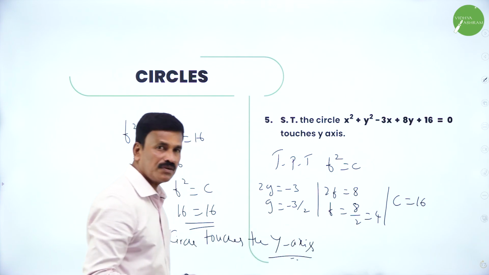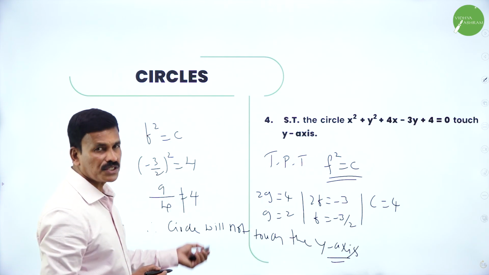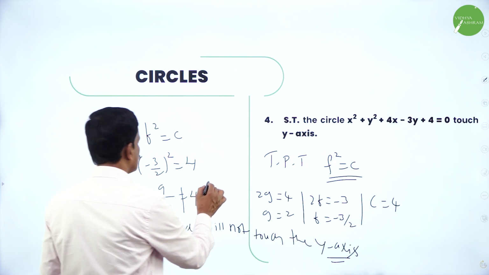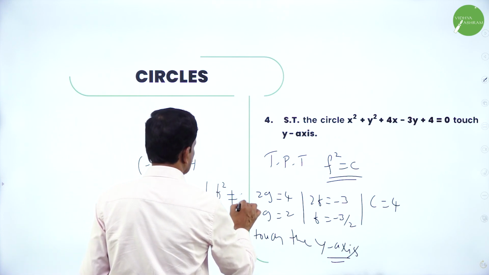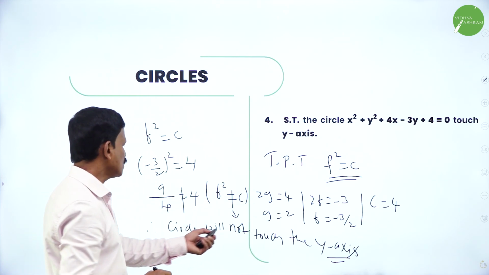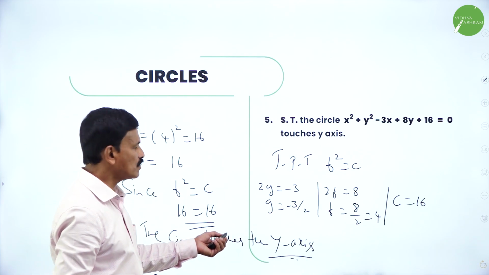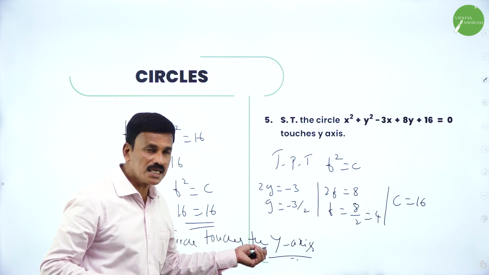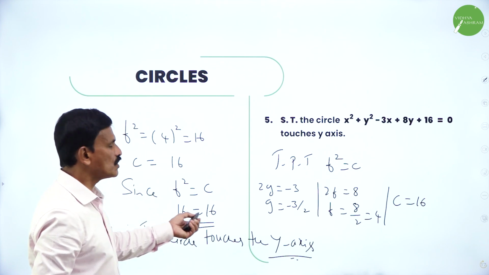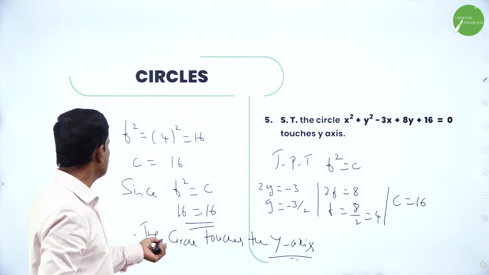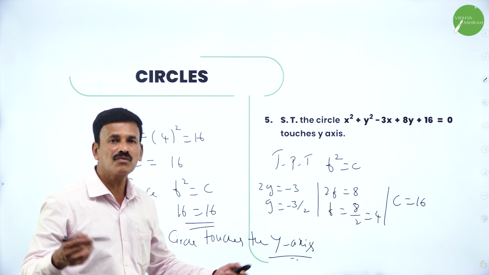That's it. So in the previous case f square is not equal to c, therefore the circle will not touch the y-axis in this case. Whereas in this case 16 is equal to 16, that is f square is equal to c, means the given circle will touch the y-axis.